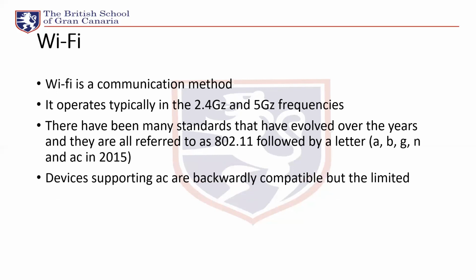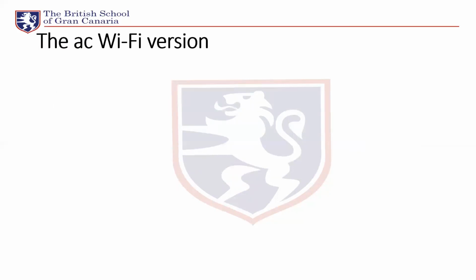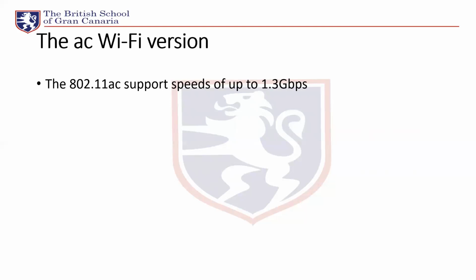Now, the good thing about supporting AC is that it is backward compatible, okay, but then it's quite limited. So now the AC Wi-Fi version supports speeds of up to 1.3 gigabits per second. Okay, so it is faster.